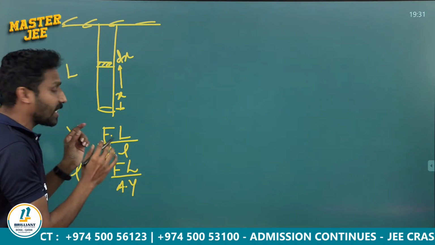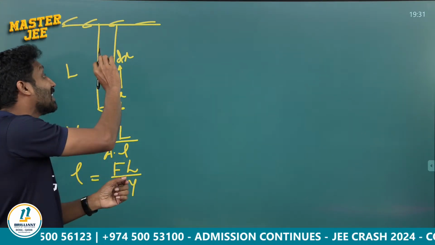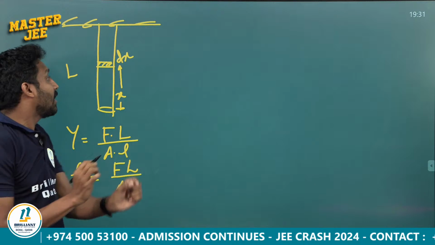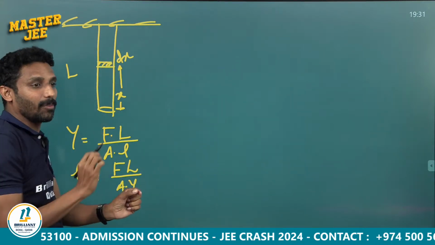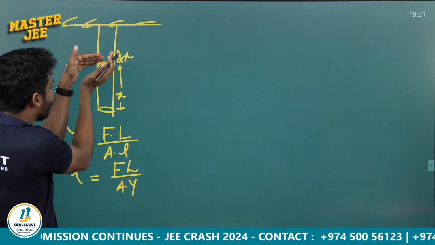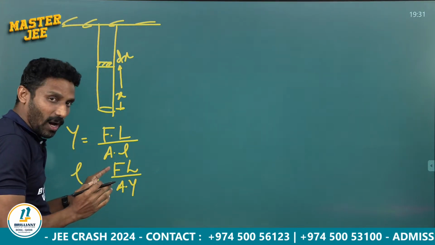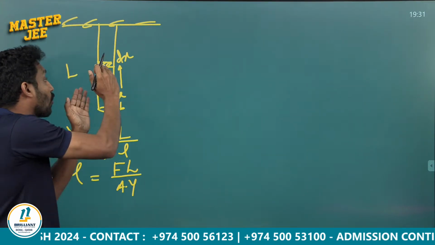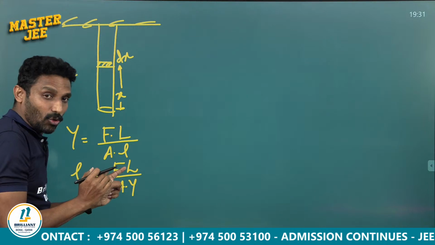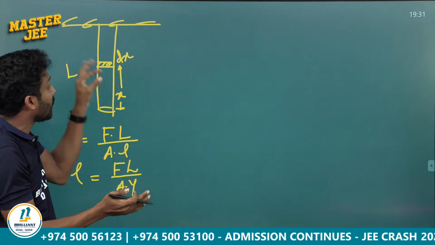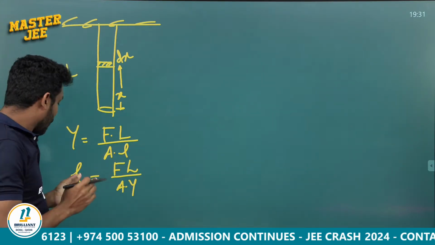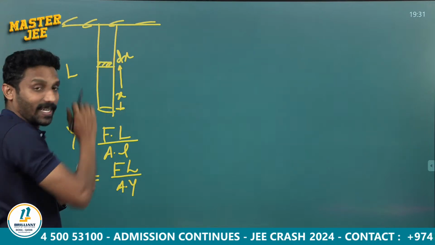Now listen, what is the elongation happening for this dx segment? That's the question. The elongation of this dx segment is due to this much weight. So here we apply F as the weight of this much, and the length of the segment is dx. This is the elongation of this dx segment.